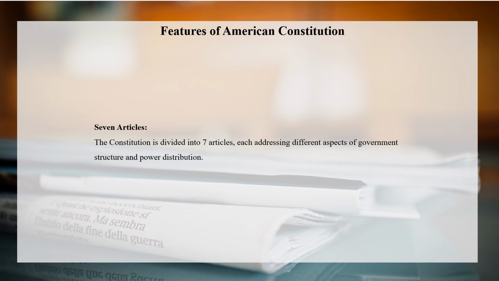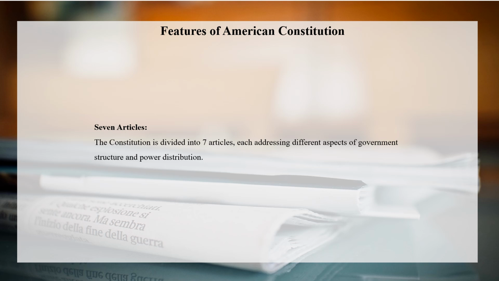Article 1 establishes the legislative branch consisting of the House of Representatives and the Senate, and outlines their powers and responsibilities. Article 2 establishes the executive branch, outlining the powers and duties of the President and Vice President.